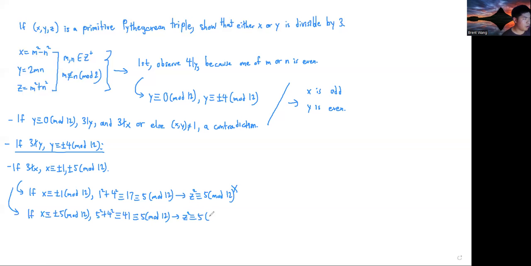But again, that's not possible because there's no solution for z. So these don't form a primitive Pythagorean triple, meaning that x cannot be congruent to plus or minus 1 or plus or minus 5 mod 12 if y is congruent to plus or minus 4 mod 12, or 3 does not divide y.